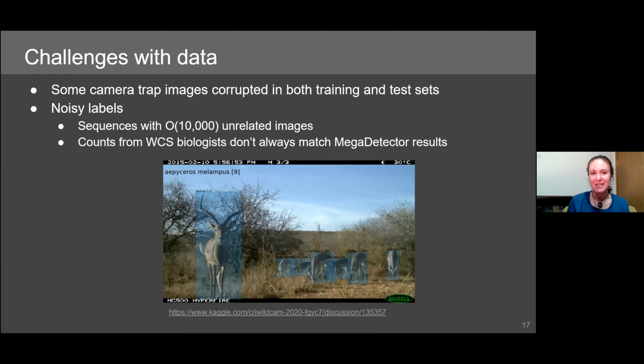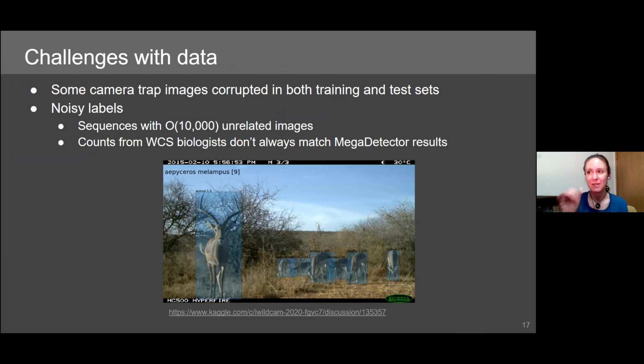So once the participants started analyzing the data, they found some problems with it, specifically with some of the annotations. First, some of the images were corrupted in the training set and the test set. Something with the JPEG information wasn't working right, and the images couldn't be read. So those images ended up being dropped from the training and the test set. And then relevant to what you were saying, Hendrik, some of the labels were noisy.